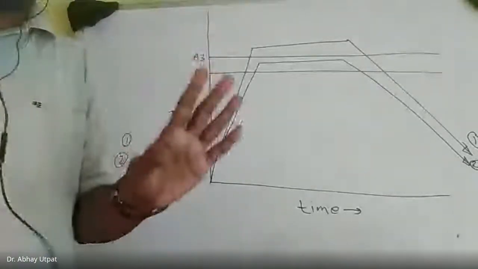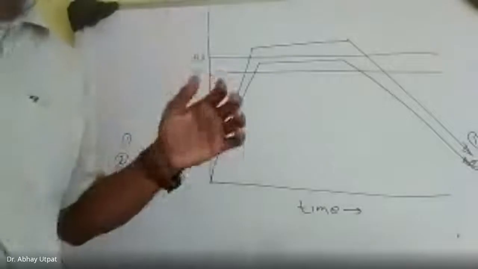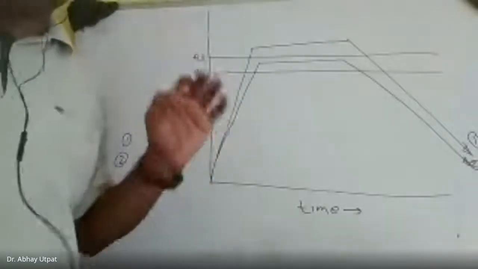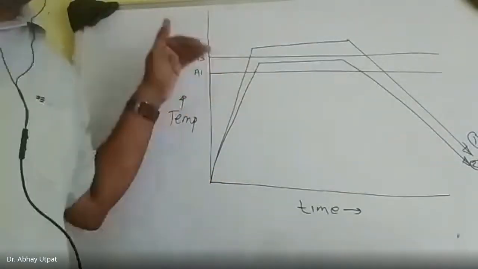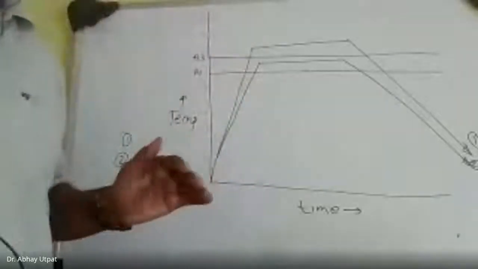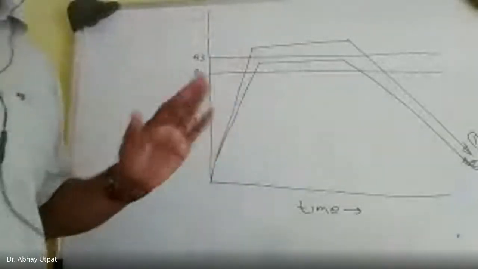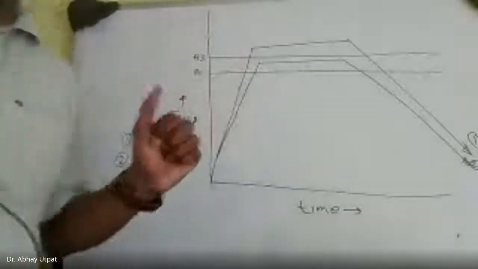Erase the words full annealing here. I hope I am audible. The meaning of full annealing is always getting homogeneous austenite. But in the case of hypereutectoid steel, we are not following that cycle.